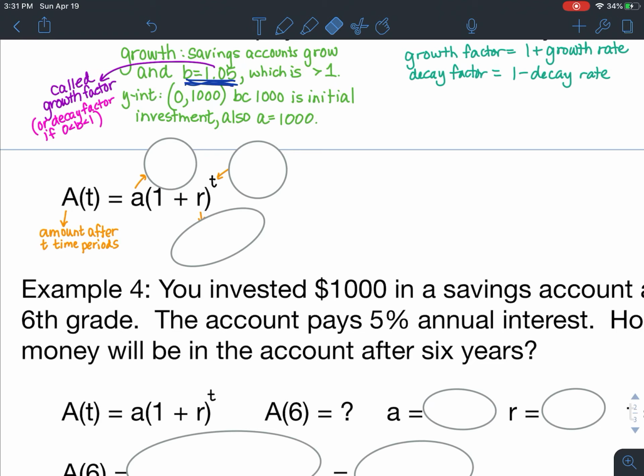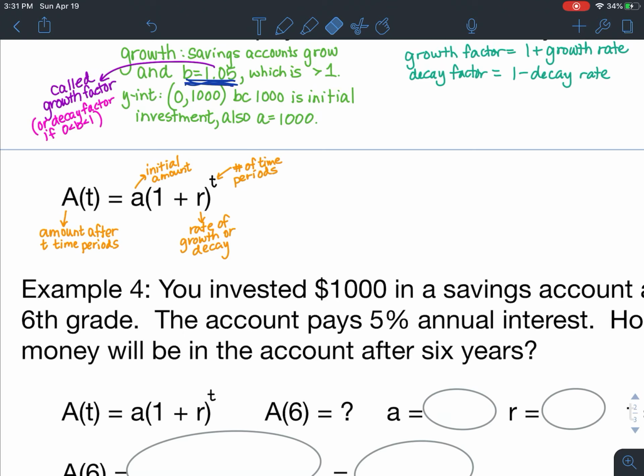So it's like a final amount. Lowercase a is the initial amount. r is the rate of growth or decay, not the growth or decay factor, but the growth or decay rate. And t is the number of time periods. Usually it's years, but it could actually be anything, so that's why I put number of time periods.